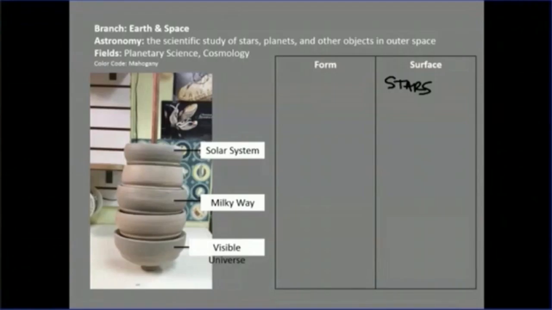Yeah. So I would put that in the form. So spherical, you're thinking of spherical, you're thinking of reaching arms. Almost like a planetary model or something.